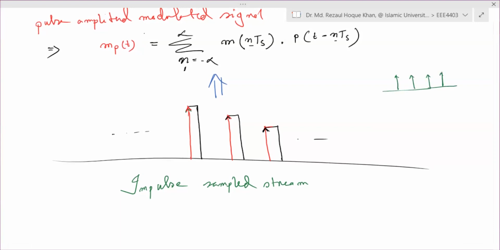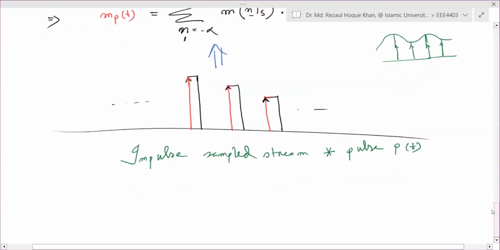Now they are sampled, meaning the height varies depending on how the amplitude of the signal is varying. So impulses are sampled by the signal. These are called the impulse sampled stream, convolved with the pulse p(t). If you do this, we end up with this one, which is also the PAM signal, right?